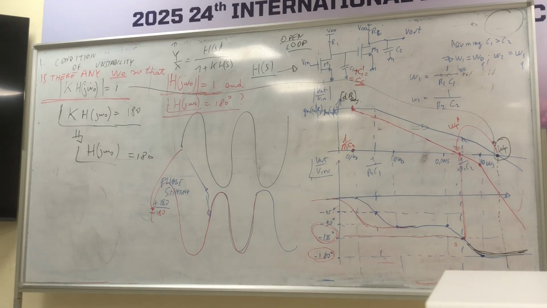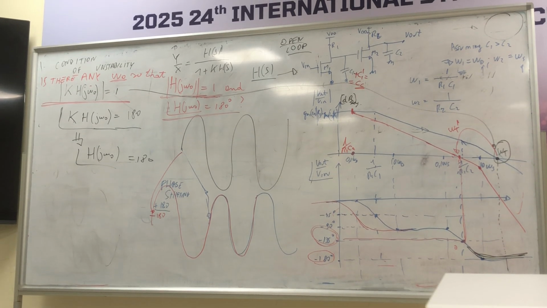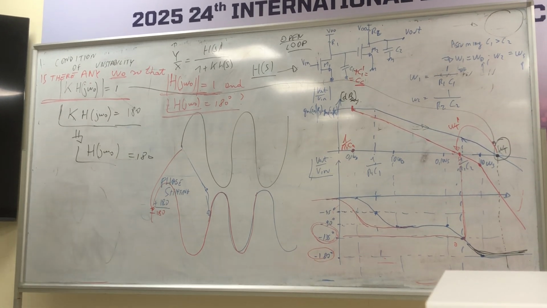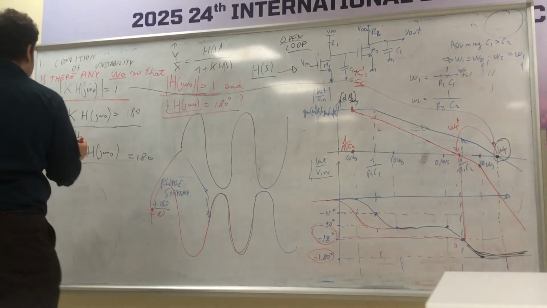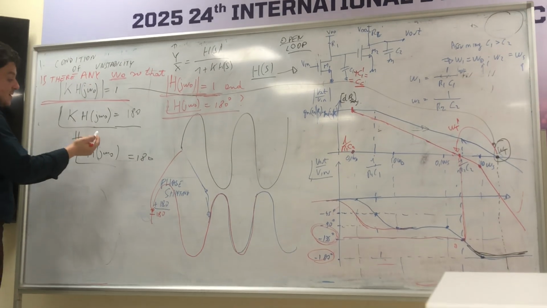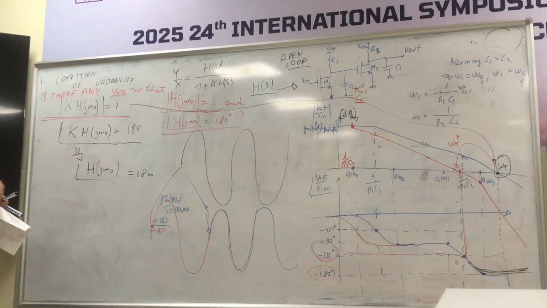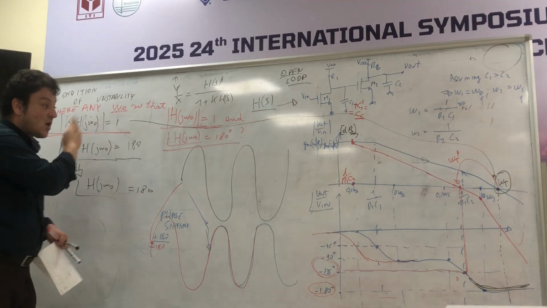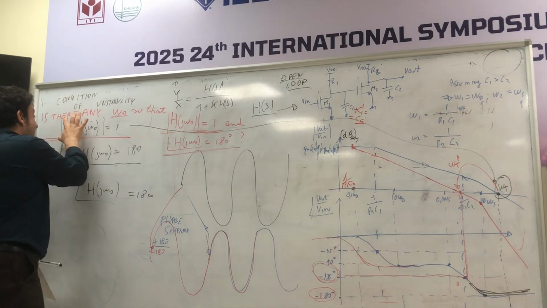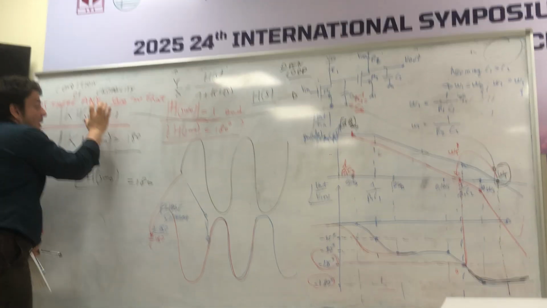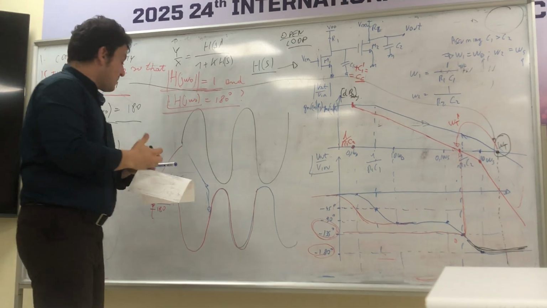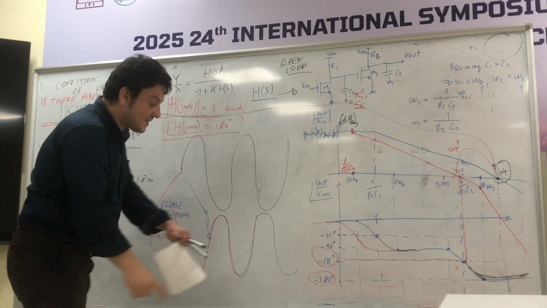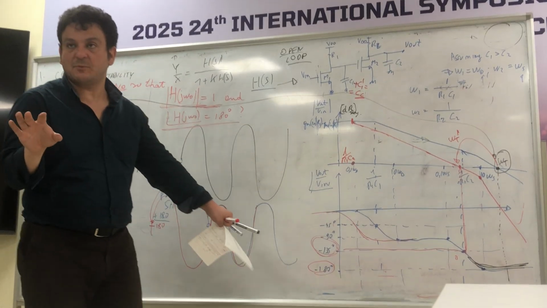From your faces, I see that most of you is not clear. So, I repeat once again. We don't want there to be any frequency for which the gain is 1 and the phase is 180, okay? 180 and minus 180 is the same, we said, okay?